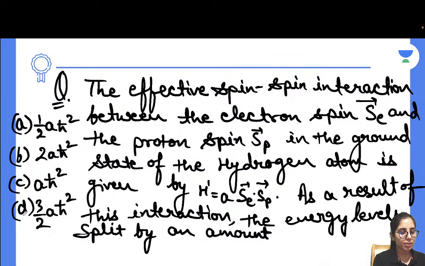Try it now and tell me what is the right answer according to you. Waiting for your reply, guys, and then I will be starting the discussion in some time.